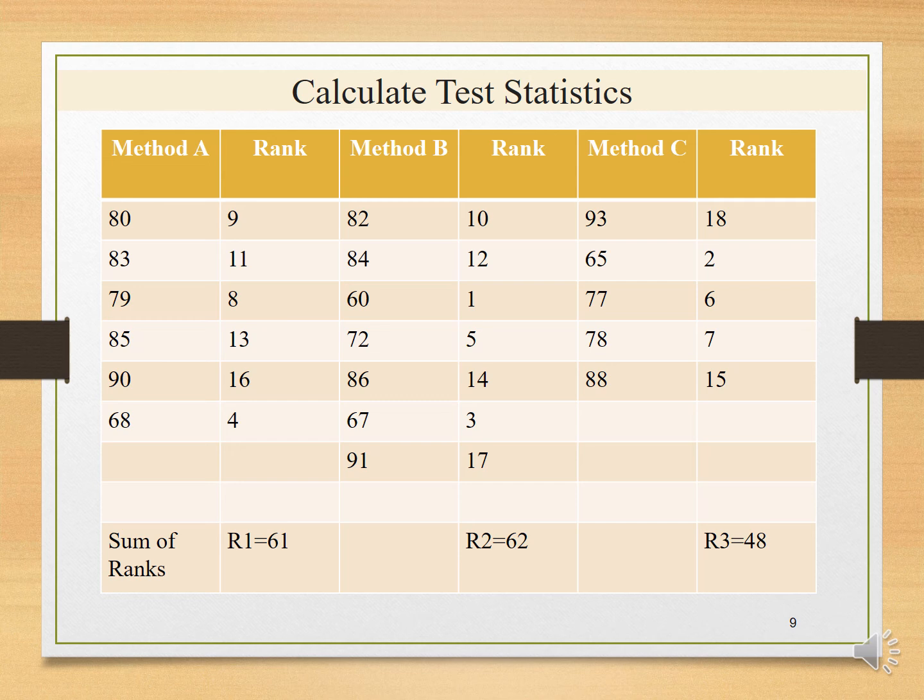Here, we just take in the original scores and rank them. For example, our smallest score is 60, so we rank it 1, and our largest score is 93, so we rank it 18. Now the table is changed to reflect that we're no longer working with the original data. We're working with our ranks because remember, our original data is ordinal.